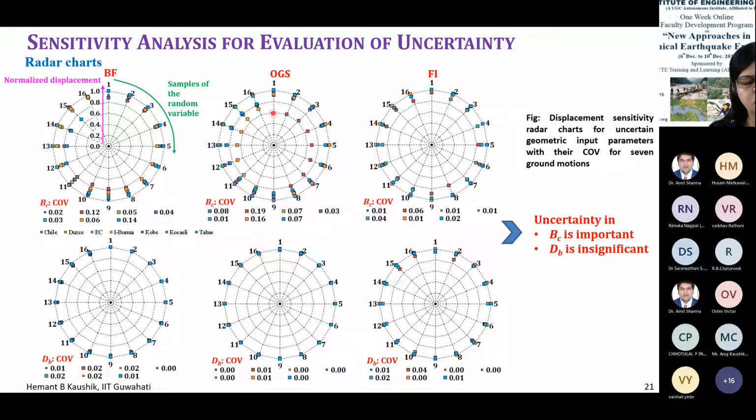For sample 1, the displacement was around 0.6 meters. When you use the 16th sample, the result becomes top, right? It is reaching here. That is the kind of variation I'm talking about. So in all three, there's a huge variation. So simply BC is more important as far as input parameters are concerned, and DB is less important.